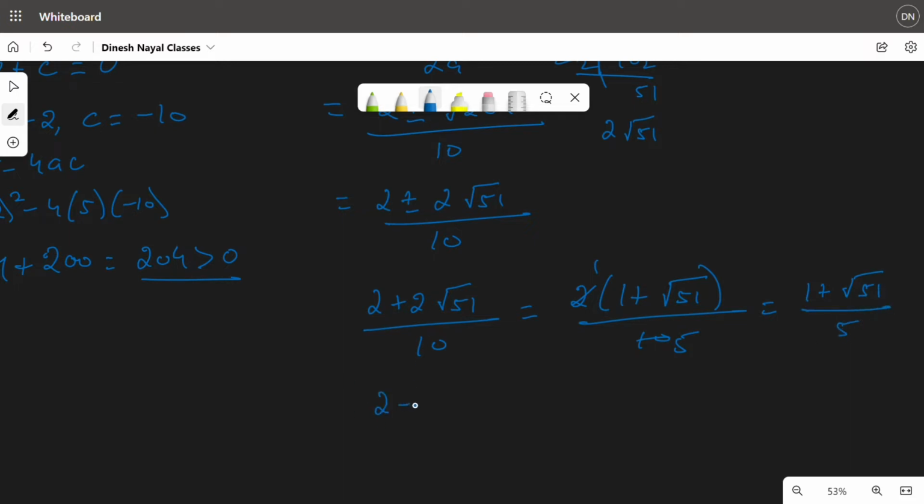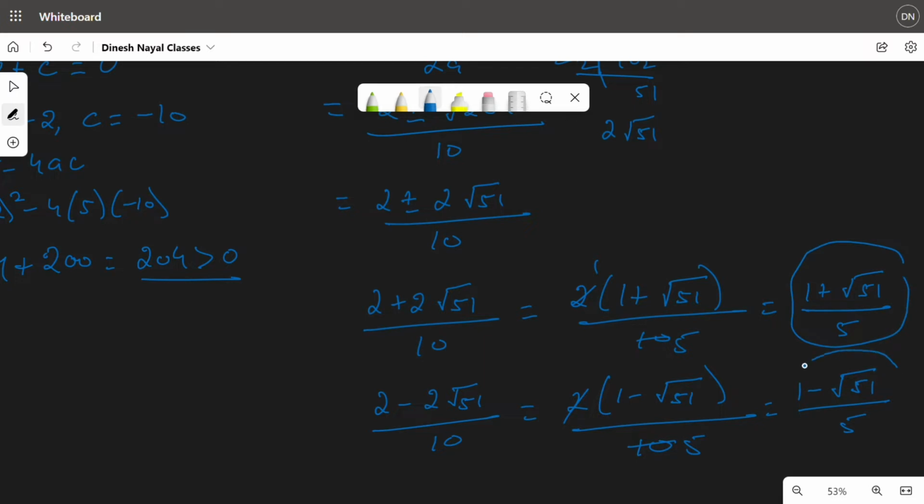The other is 2 minus 2 root 51 by 10, taking 2 common. So this is 1 minus root 51 by 10, cancelling it with 2, this goes 5 times. So the other root is 1 minus root 51 by 5. Hence these are the two roots: 1 plus root 51 by 5, 1 minus root 51 by 5.